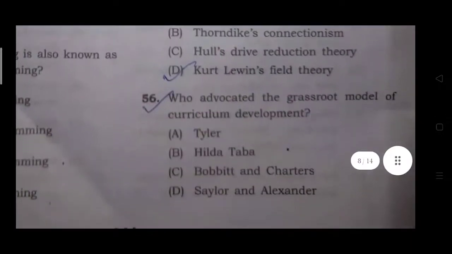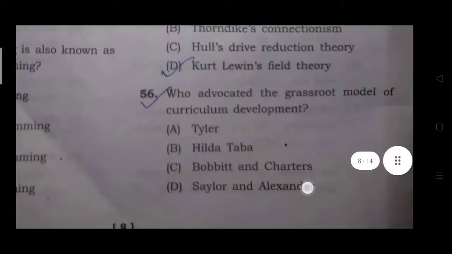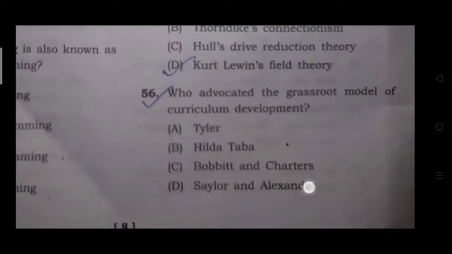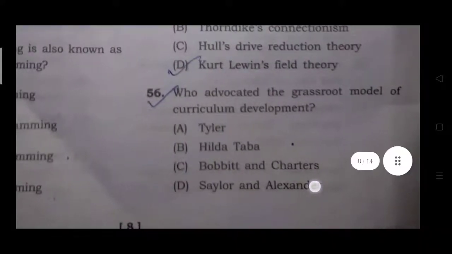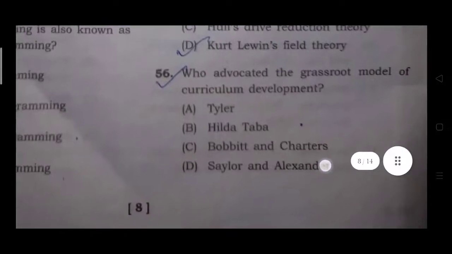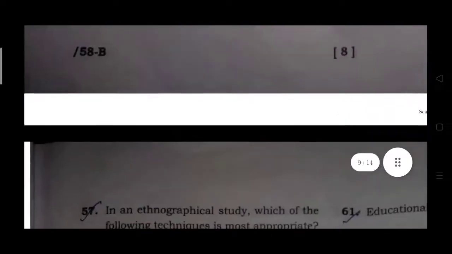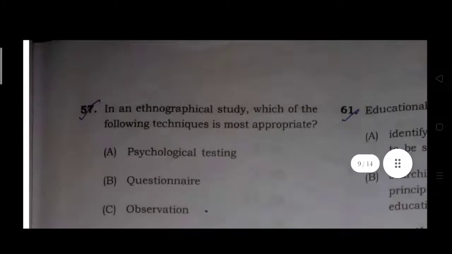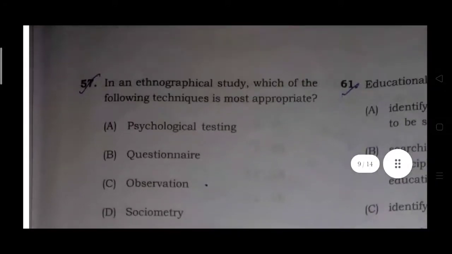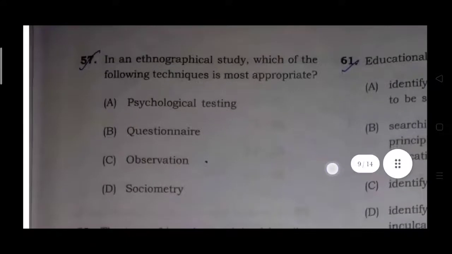Now question number 56. Who advocated the grassroots model of curriculum development? The answer will be option B, that is Hilda Taba. Next, 57. In an ethnographical study, which of the following techniques is most appropriate? Option C is the correct answer, observation.